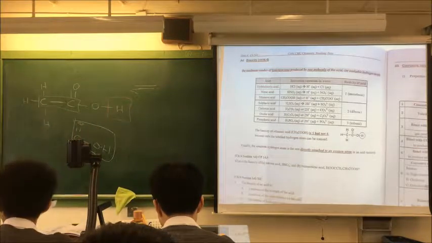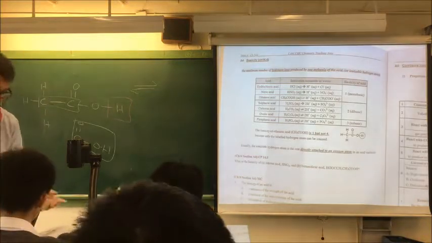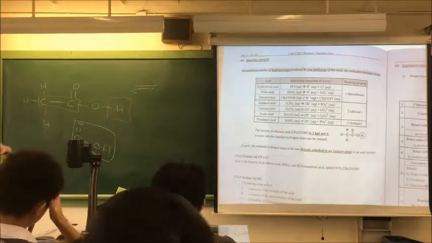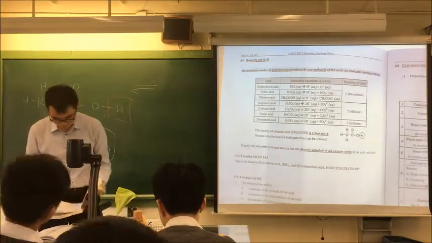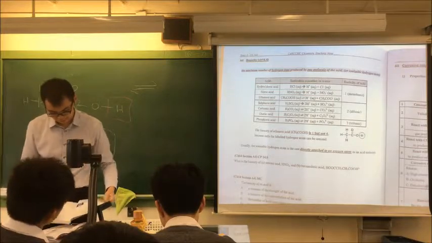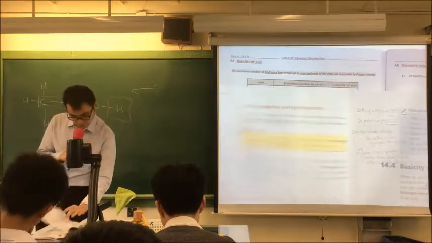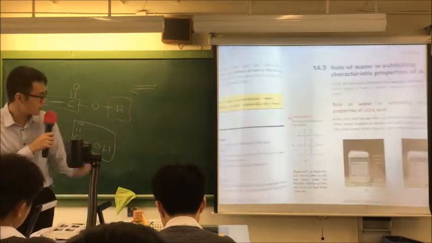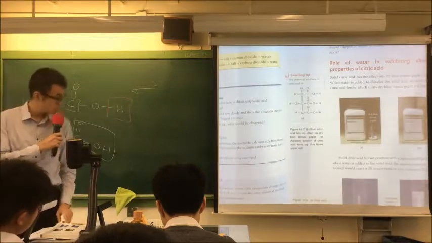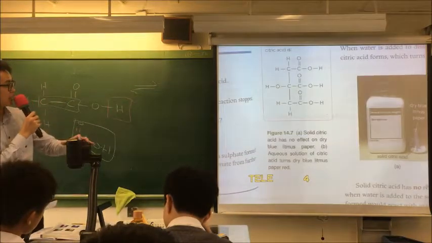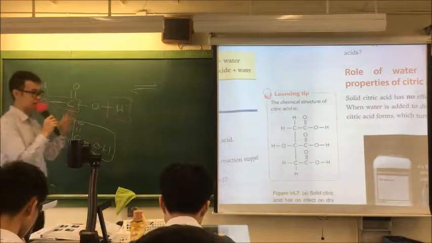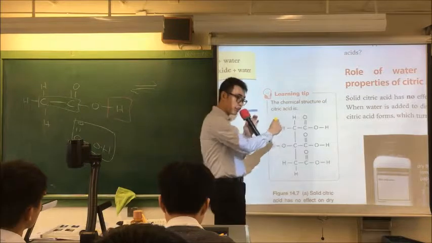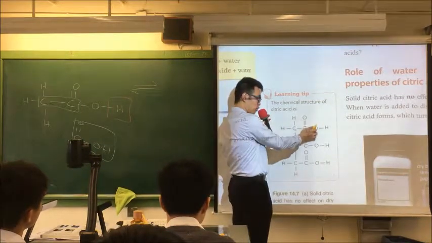For example, I'll give you another example, this one. Can you tell me the basicity of citric acid? The basicity of citric acid is 3. Because I mentioned that for an organic molecule, just identify the COOH group.